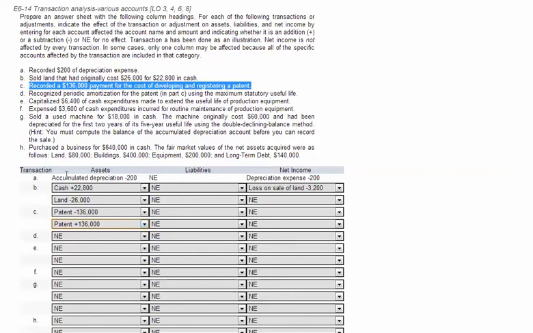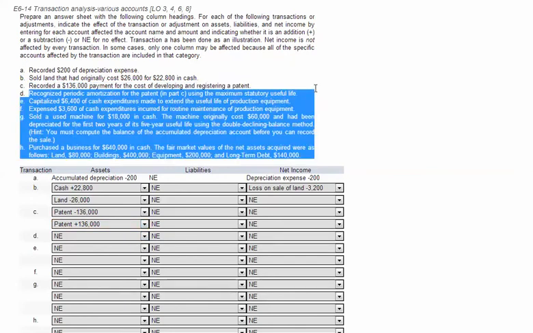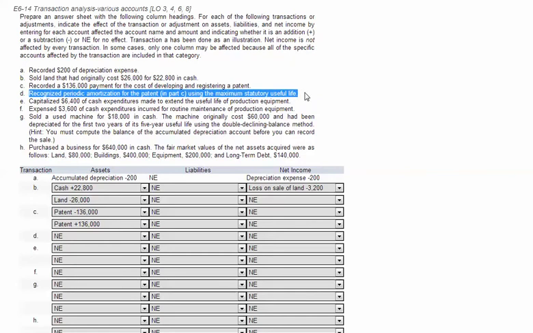Let's look at D. We recognize periodic amortization for the patent in Part C, assuming the maximum statutory life. Okay, so the patent would have a maximum 20-year useful life. That's how long you are granted protection under a patent for, 20 years. So if you take the $136,000 and you divide that by 20 years, you're going to get $6,800.